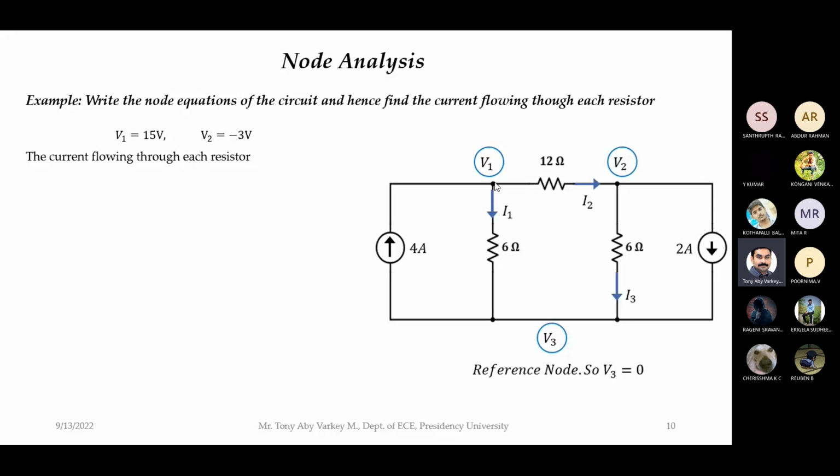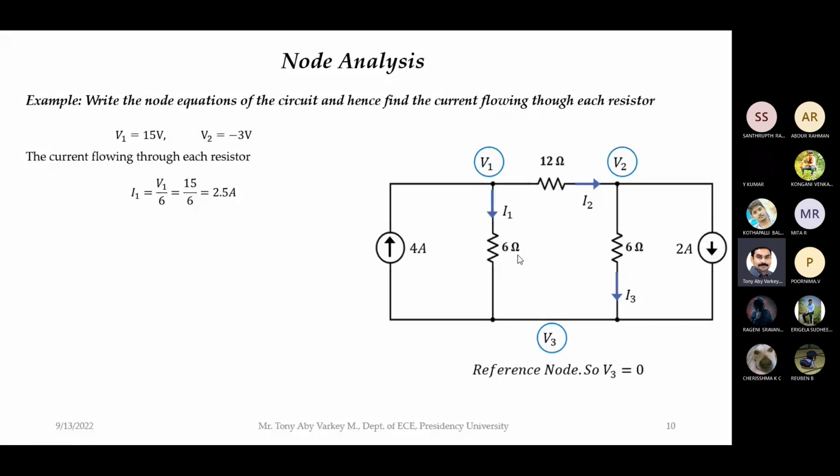So how will you find I1? I1 is the current flowing through this 6 ohm resistor. So what is the equation for I1? 15 by 6. Correct. 15 by 6, that is 2.5 amperes. What will be I2?